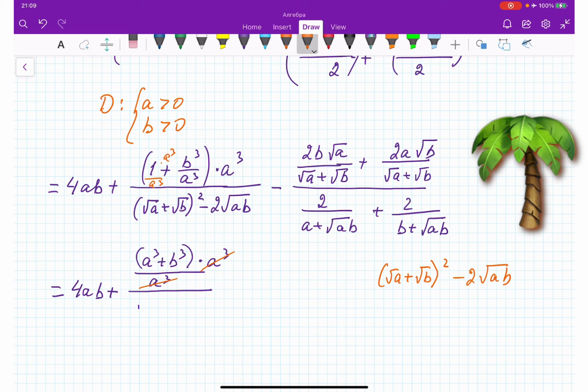We are getting square root a squared plus 2 times square root ab and plus square root b squared, right? And minus 2 square root ab. So this is gone, right? And we are getting square root a squared is a, square root b squared is b. So the answer here is going to be a plus b, right? Okay.